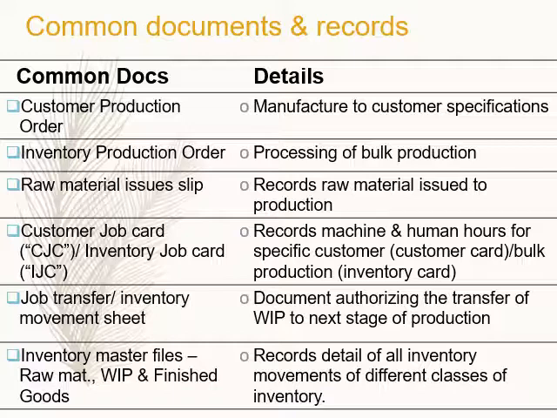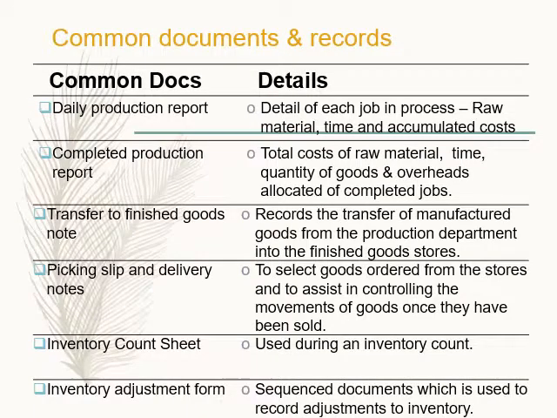Watch out for these documents when you look at a cycle description or a system description. Again here, more examples of commonly used documents and records within the production and inventory cycle. Have a read through all of them and then just be aware of them as we go through the cycle.